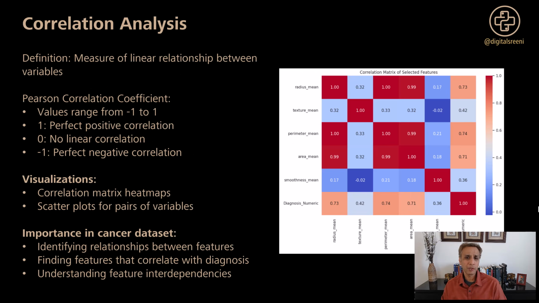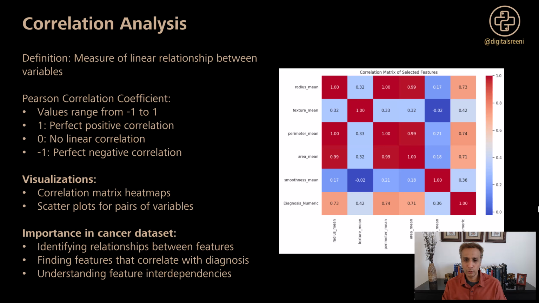Okay, correlation analysis. Again, I talked about this in the last tutorial. On the two axes, X and Y, you have different attributes and the corresponding values. And of course, radius mean is correlated with radius mean. It should be 1-to-1, so around the diagonal you'll see values of 1.0.